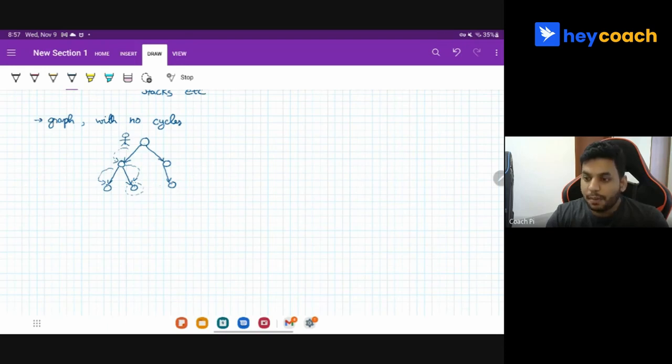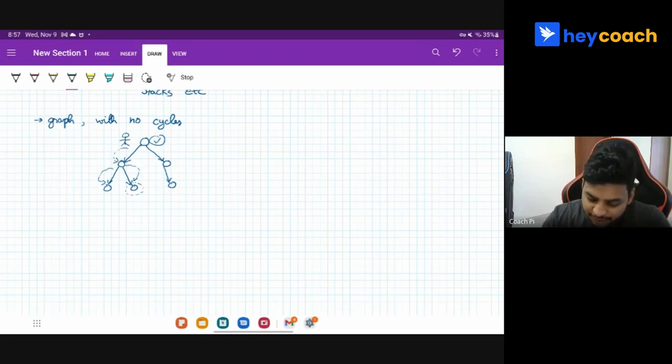There is no path in this graph where a person, when he starts from a particular node, comes back to the same node. That is what we mean by cycles. When we say there are no cycles in this graph, we mean that starting from the root node, we won't be able to reach the root node again.